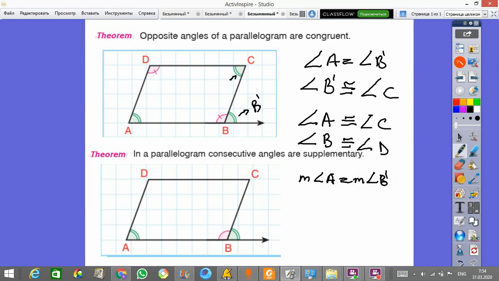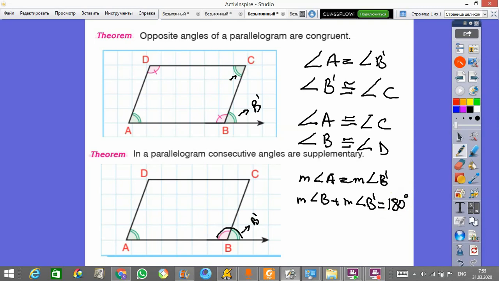Then here, the measure of angle B plus the measure of angle B prime, this angle B and the B prime, form a straight angle, and a straight angle is 180 degrees.